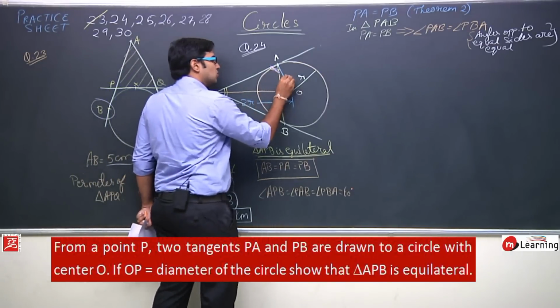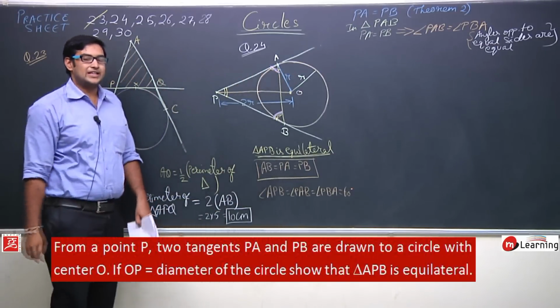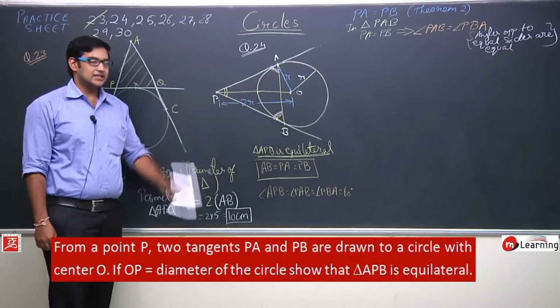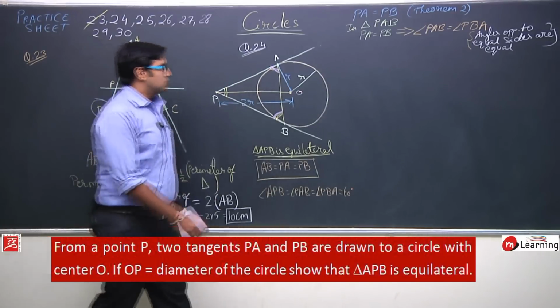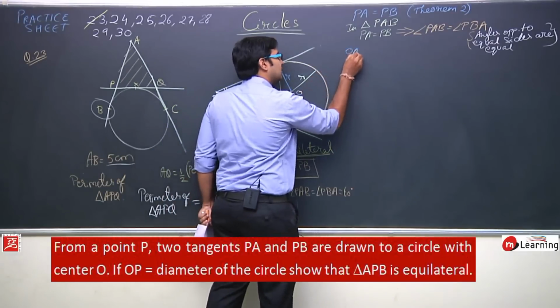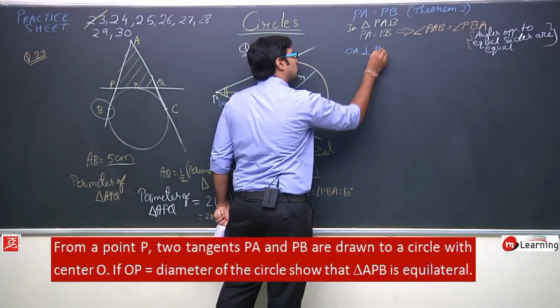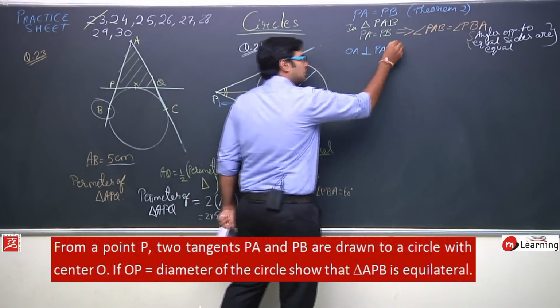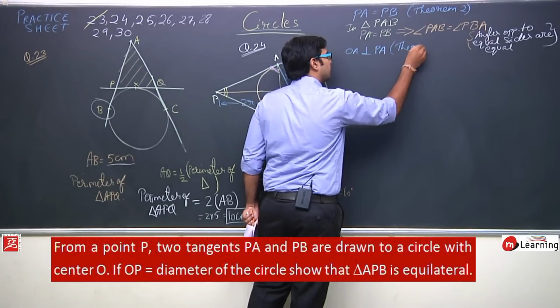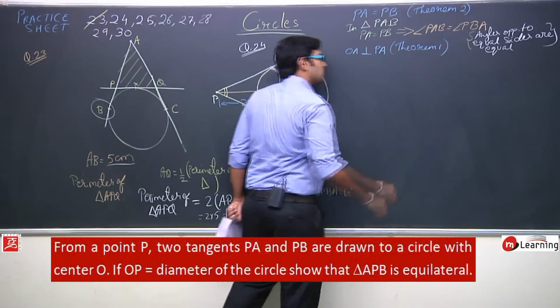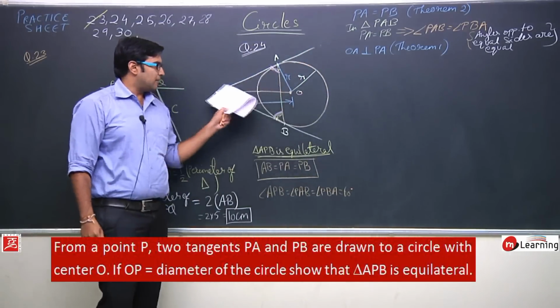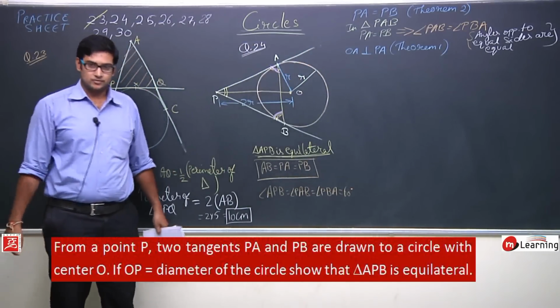OA is equal to R. OA is equal to R, that is the radius. And you can see OA is perpendicular to PA. Why? Because of theorem 1. OA is perpendicular to PA because of theorem 1.